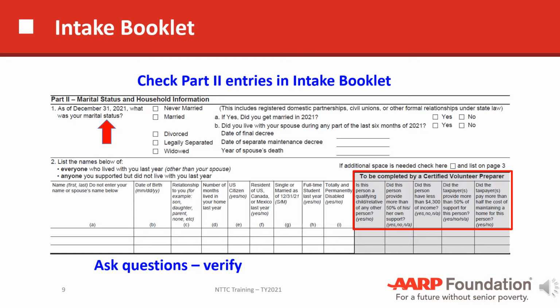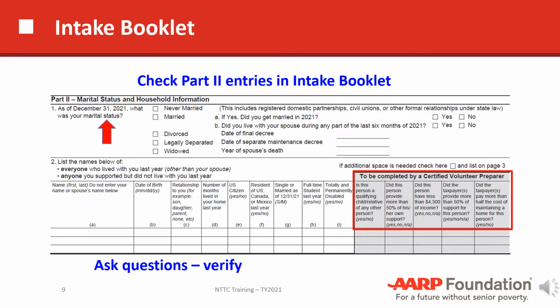So also, if you notice this gray area to the bottom right of section 2 of part 2, notice it says to be completed by certified volunteer preparer. So when the taxpayer fills out the intake booklet, that gray area should not be filled out by the taxpayer. That's filled out by a trained counselor to help determine whether they have legitimate dependents or not, because we're really asking them.